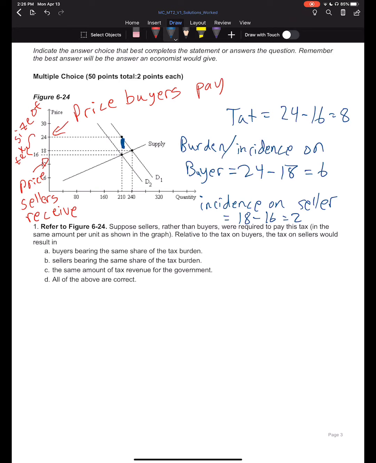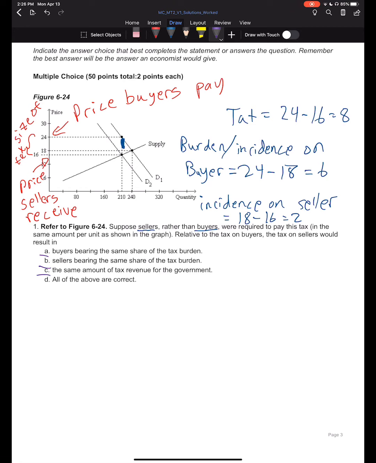So no matter who we levy this tax on, whether it's the sellers or the buyers, all of our outcomes are exactly the same. Okay, so we know that in this case, buyers will bear the same share of the tax burden. Sellers will also bear the same share of the tax burden.